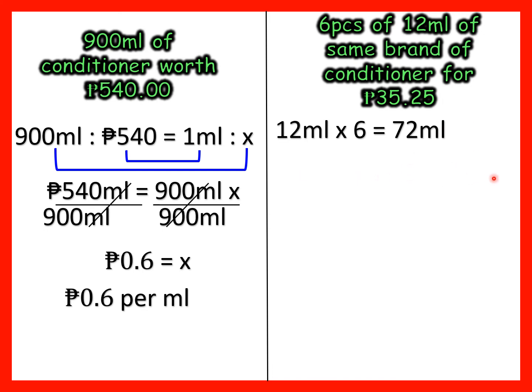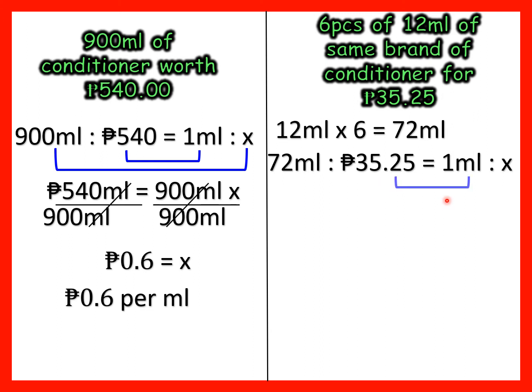For 1 ml, we do not know, so we will use the variable x. To solve for x, we get the product of the means, 35.25 pesos multiplied by 1 ml, then the product of the extremes, 72 ml multiplied by x.